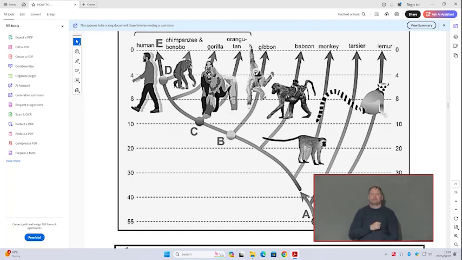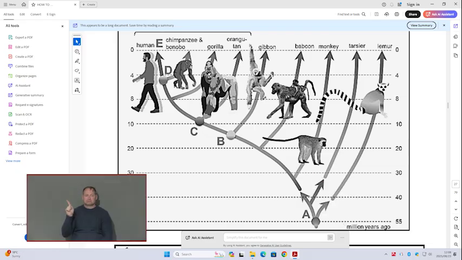But if we look at B, whenever you are asked what B represents, you cannot write it as the common ancestor. It must be the recent common ancestor of the gibbons, the orangutans, gorillas, chimpanzees, as well as the humans. So A is the common ancestor for all of them, but B is not a common ancestor.